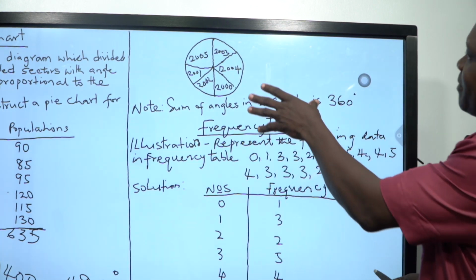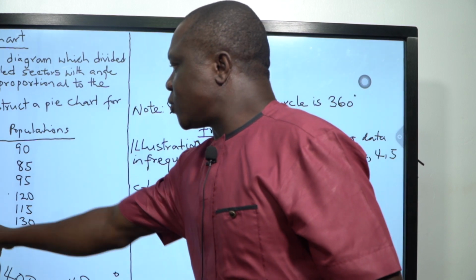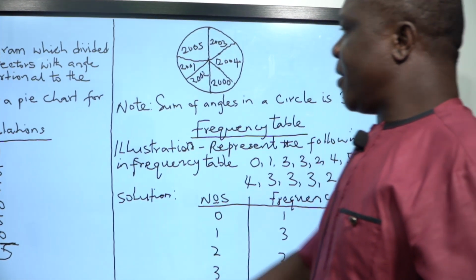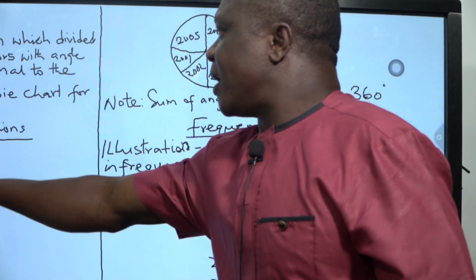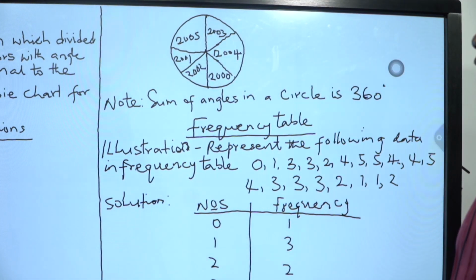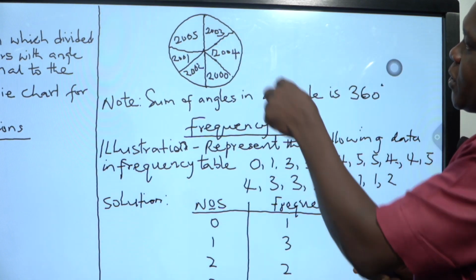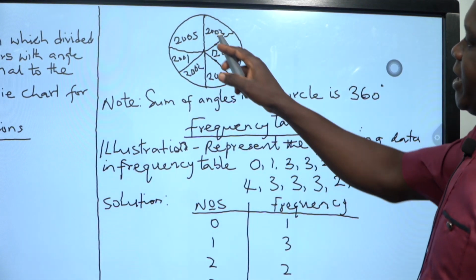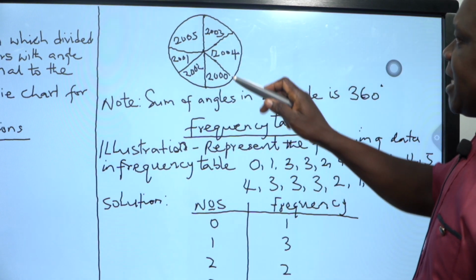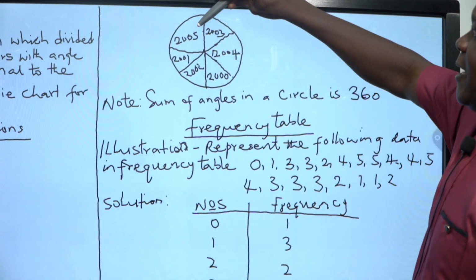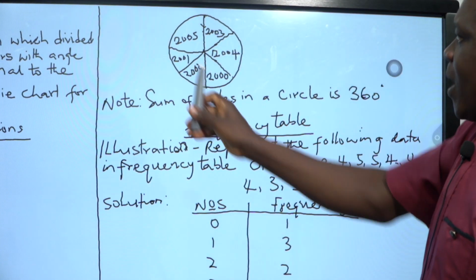And if you look at my diagram, you will see that if you calculate for 2005, that is the highest. The sectorial angle will be more than that of 2001, which is 85. And if you look at the diagram, you can see the proportion I made for 2005 is more than that of 2001. It shows that the sectorial angle for 2005 is more than 2001.